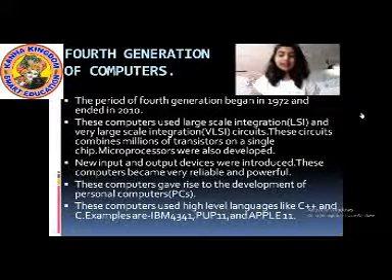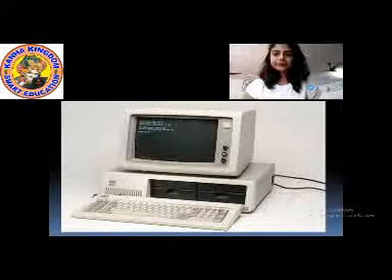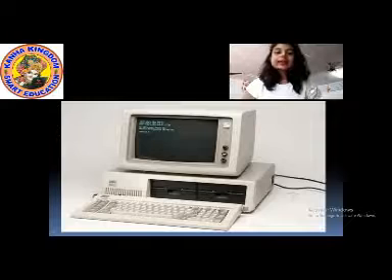Okay students, now let us move to the slide of fourth generation of computer. Let me show you the picture. Now students, this is the image of fourth generation of computer.